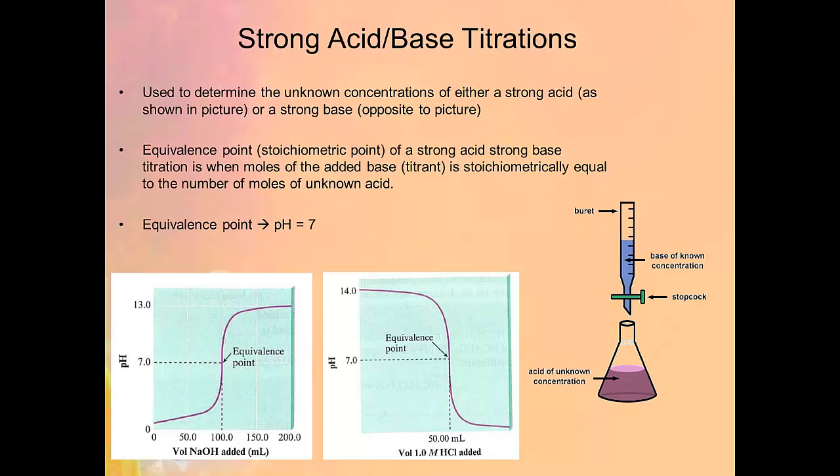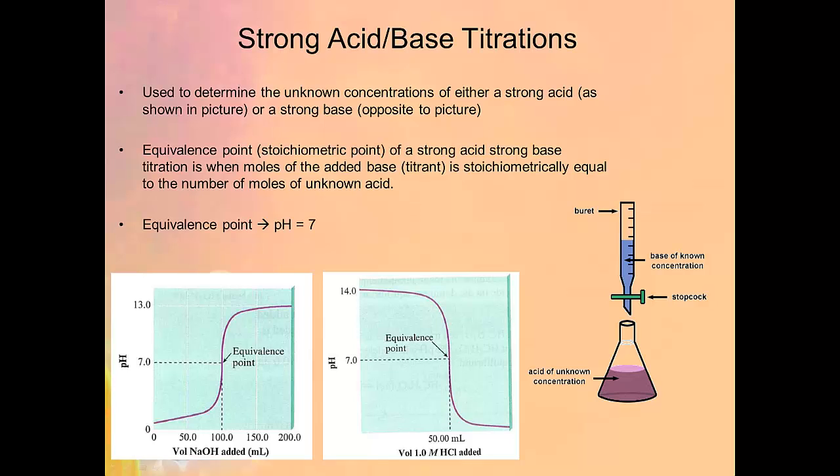Having a look now at a strong acid-base titration, these are used to determine the unknown concentrations of either a strong acid, as shown in the picture, or a strong base, which would be opposite to the picture. So you can see here we've got perhaps a strong acid that we're starting with.